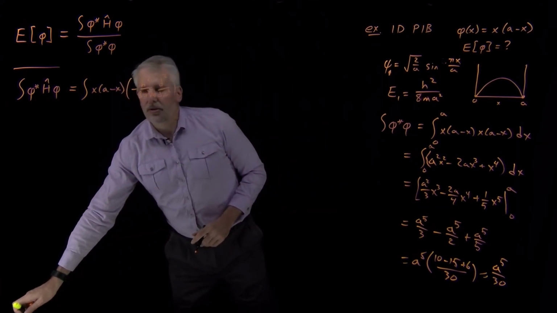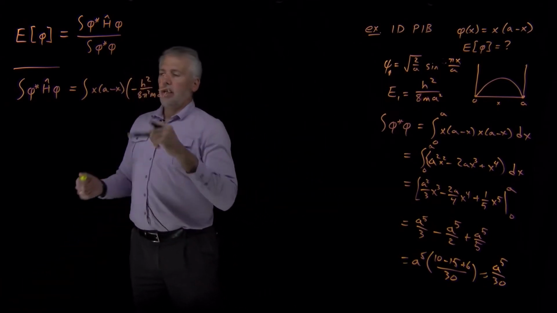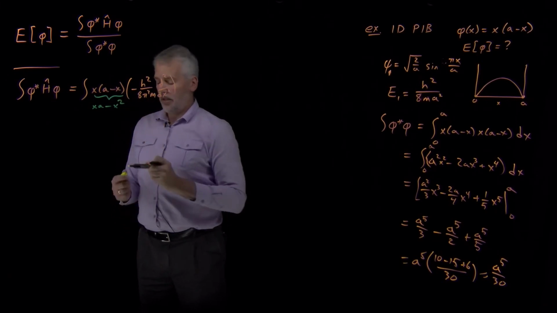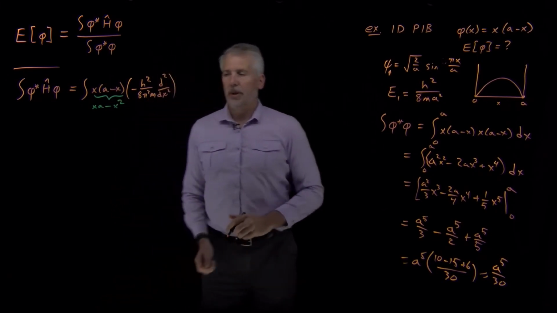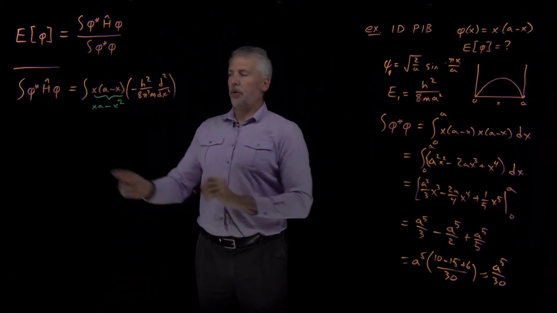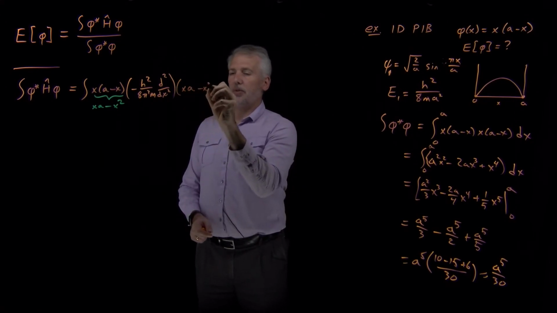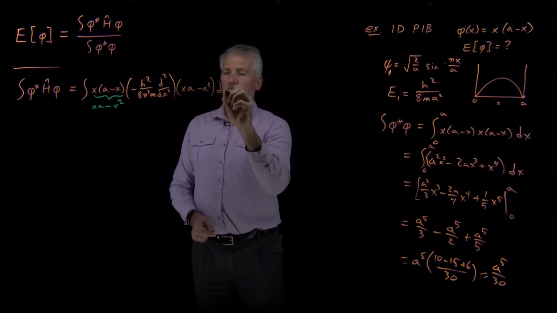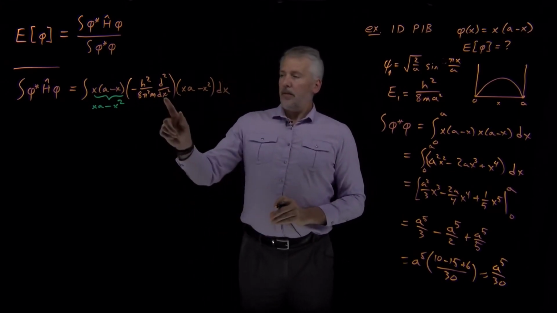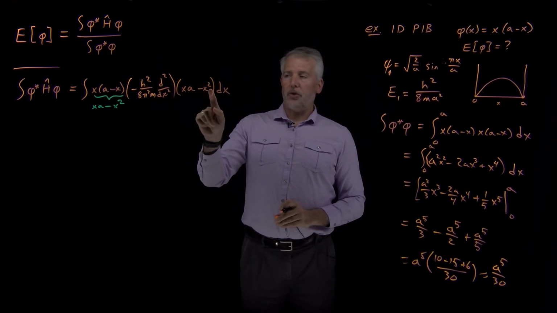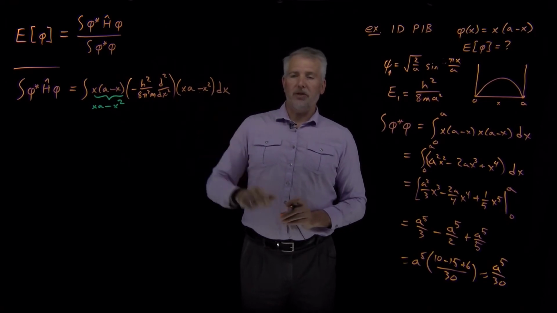This is probably a good time to say that I can rewrite this wave function x times a minus x as xa minus x squared as an intermediate piece of work. So the thing I want to take the second derivative of is the wave function, which I'll write in this case as xa minus x squared. Second derivative of this quadratic just gives me, if I take the first derivative, I'll get minus 2x, and the second derivative turns that minus 2x into a minus 2.